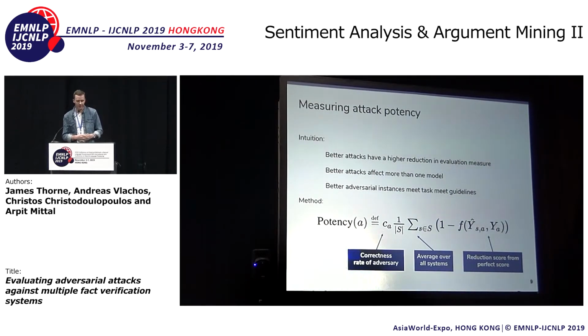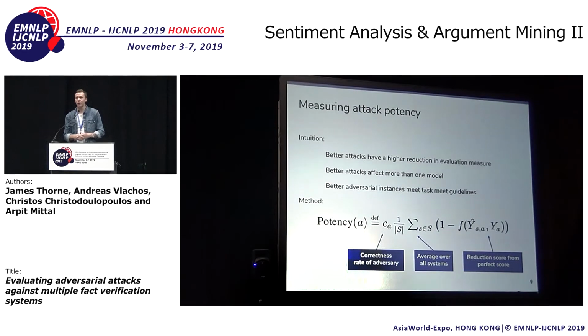So both of these metrics, we want to get a higher score if it's better. So for potency, we look at the difference in classification from a perfect system. So you'll see on the equation there's a 1 minus f, and this f in our evaluation is Fever score, but that can be exchanged with any other measure you're using, such as F1 or accuracy. And what we do is take an average over all systems that you're evaluating, weighted by how correct the instances are.